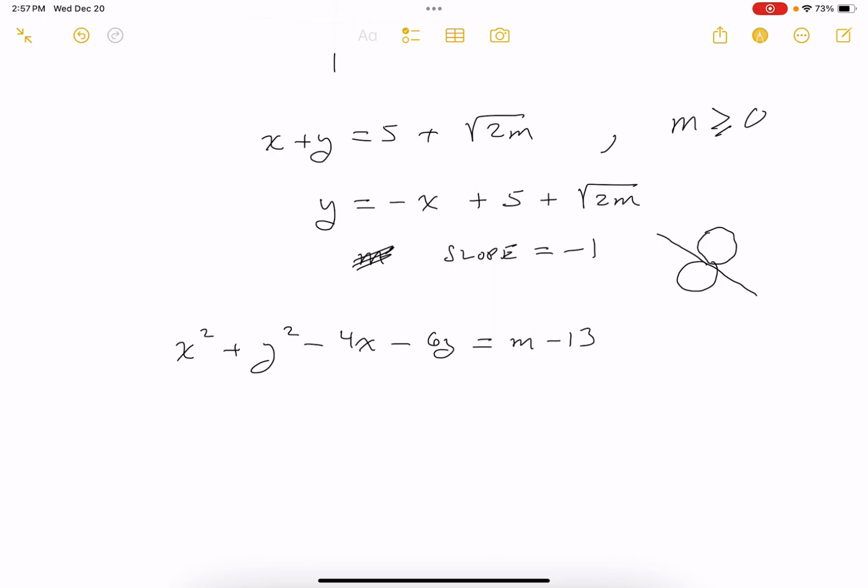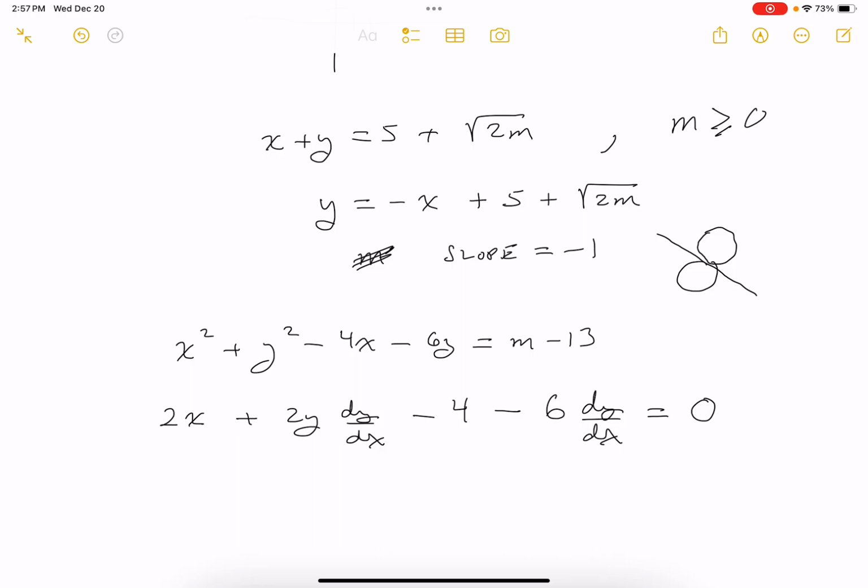I'm going to differentiate it, and that's going to be 2x dx/dx, 2y dy/dx, minus 4 dx/dx, minus 6 dy/dx, and that equals 0.